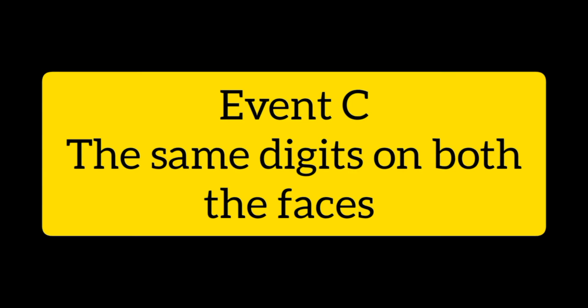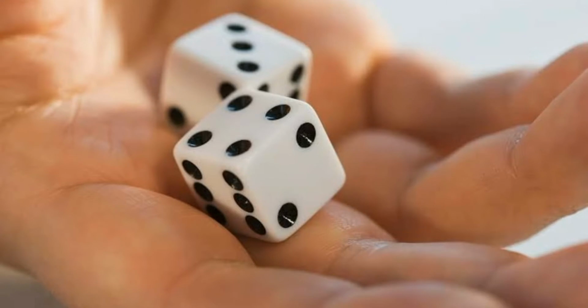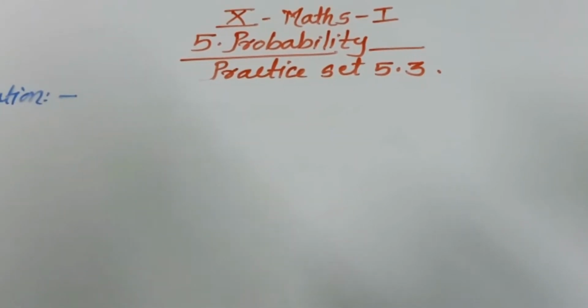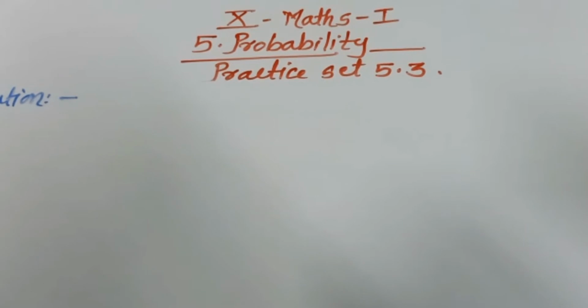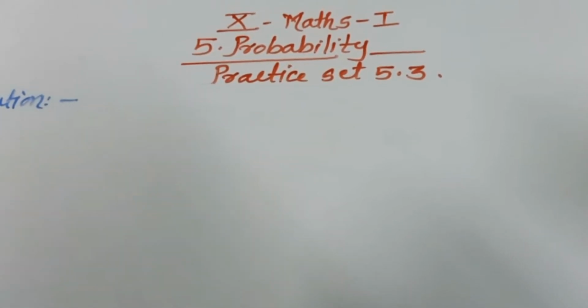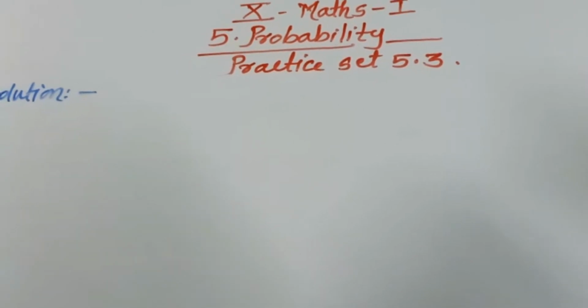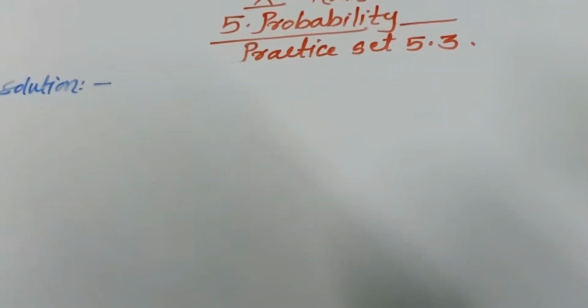So today we are taking question number 2 from your practice set 5.3. Here we have to write the sample space, number of sample points and the events A, B and C which are given in practice set 5.3. So first we are taking question number 2, that is, two dice are rolled simultaneously.